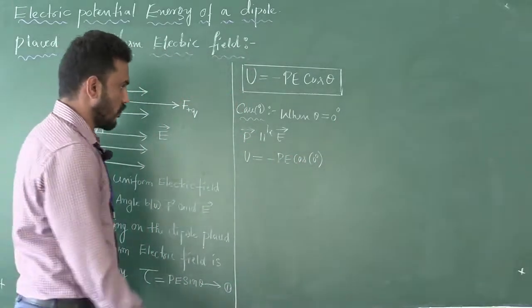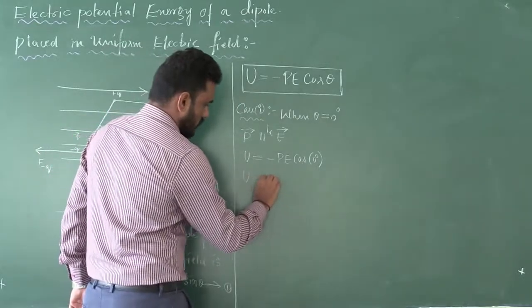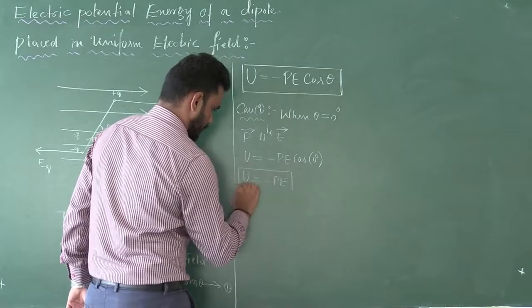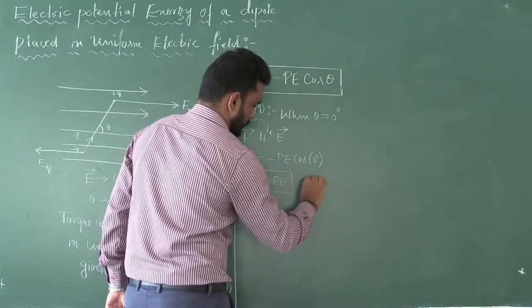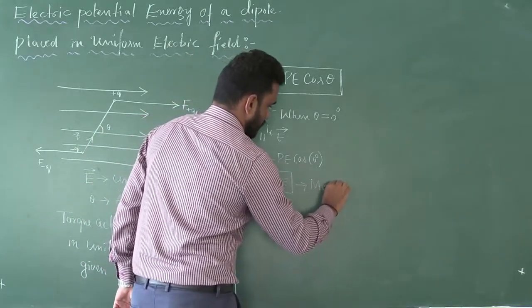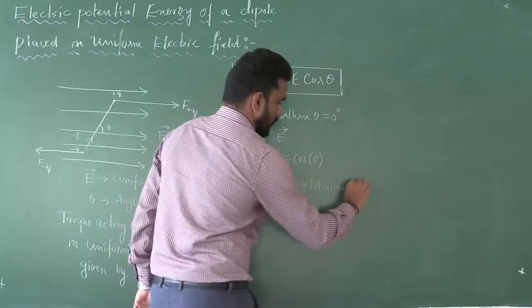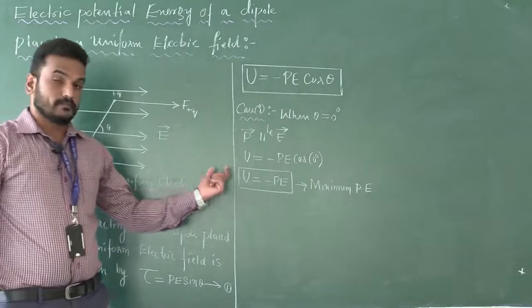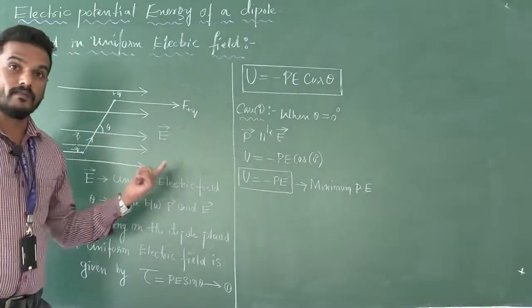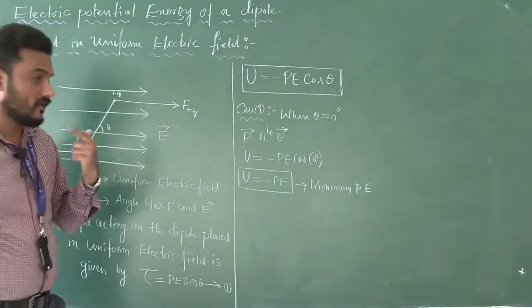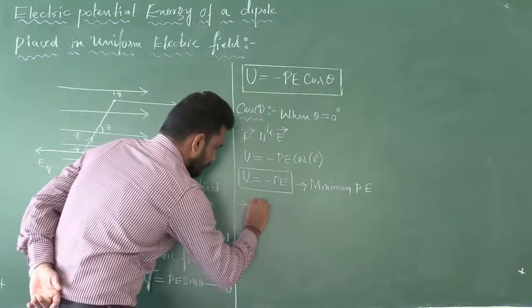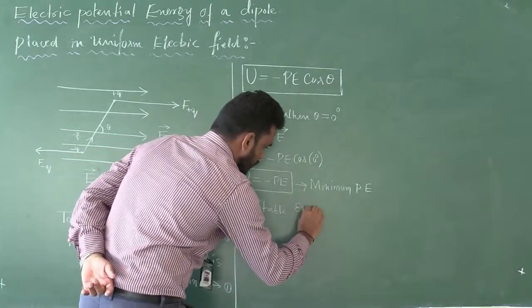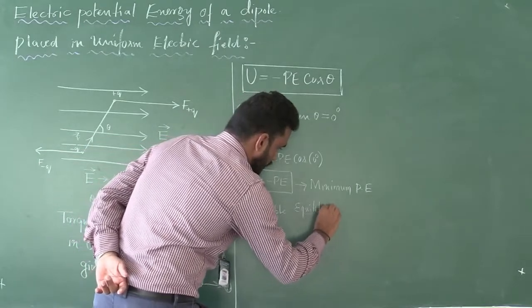Cos 0 is 1. That is U is equal to minus PE. Minimum potential energy. So in this position, the dipole will be in stable equilibrium.